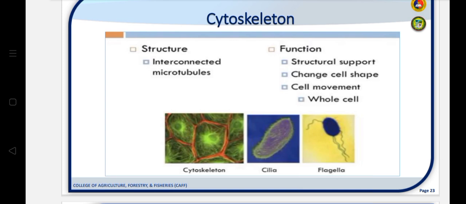Cilia and flagella are made of cytoskeleton parts, and they help cells move or sweep materials. Cilia are like brooms sweeping things along, while flagella are like a propeller pushing the cell forward. So, the cytoskeleton is more than just support. It's the framework, the mover, and the transporter of the cell.